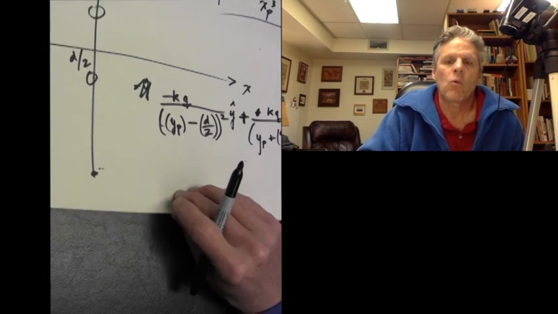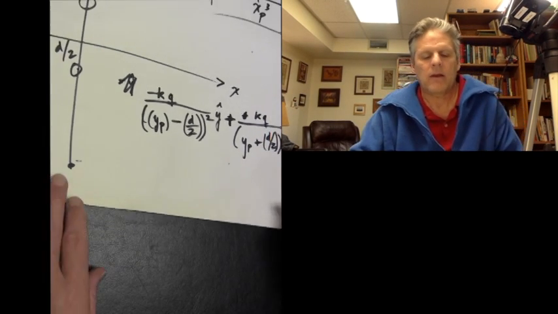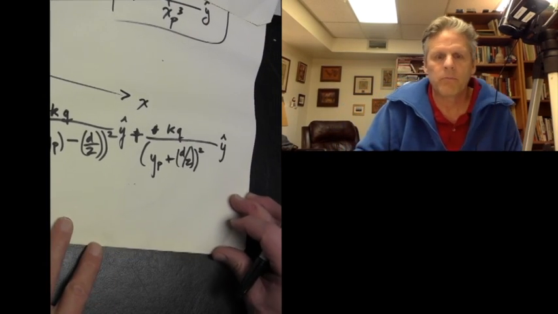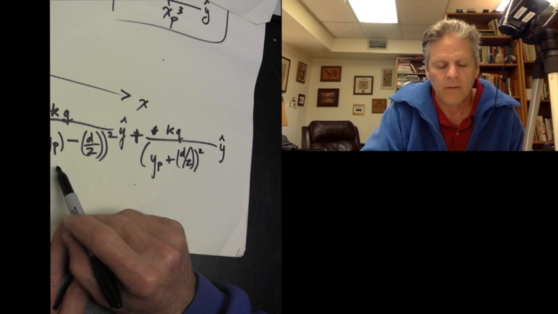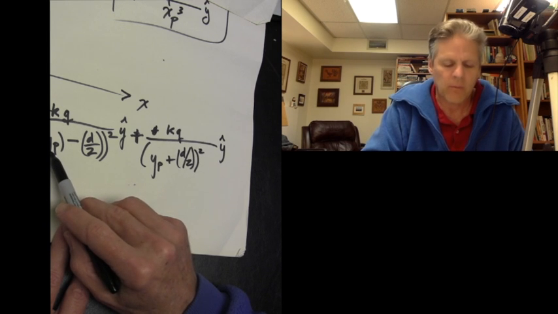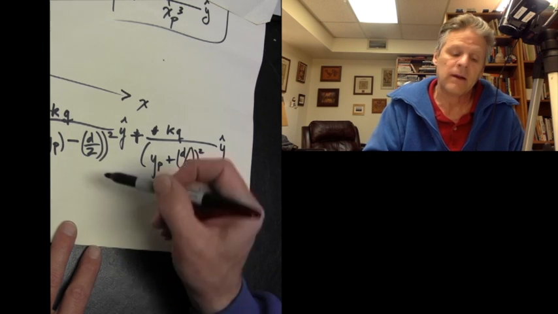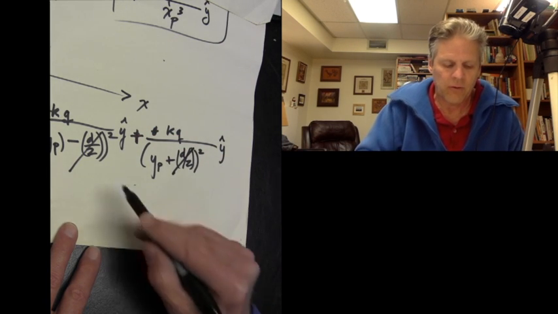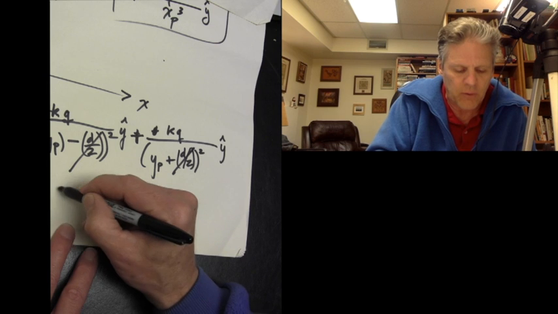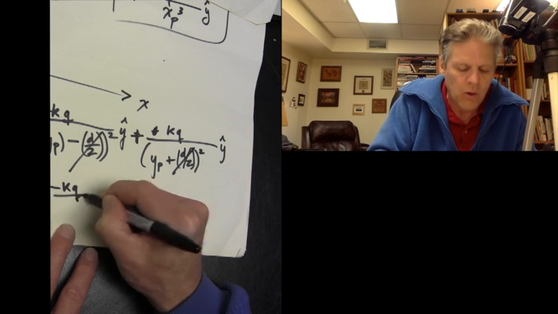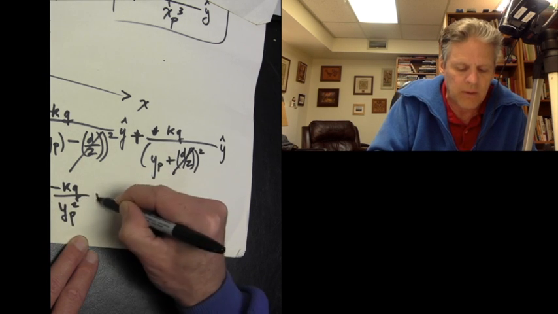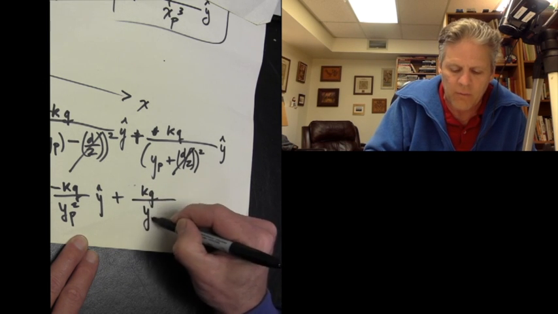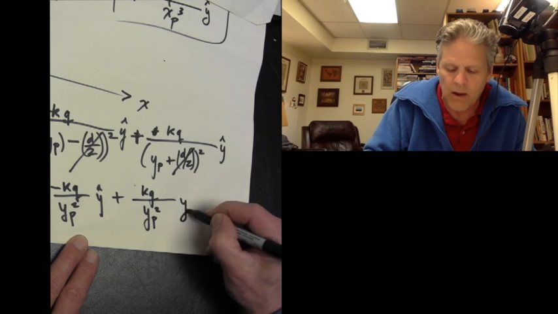And the question is, what happens to this as Y sub P is large compared to D? I'm going to pull this over here just to make certain it's visible. We're going to do the same thing: the D over 2 goes to 0, so we have a Y sub P squared. So we have a minus KQ over Y sub P squared in the Y hat plus a KQ over Y sub P squared in the Y hat.